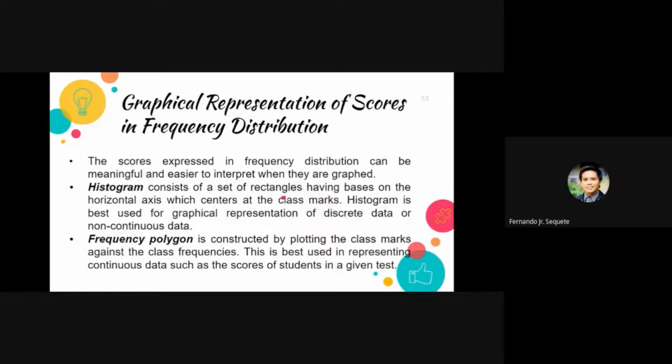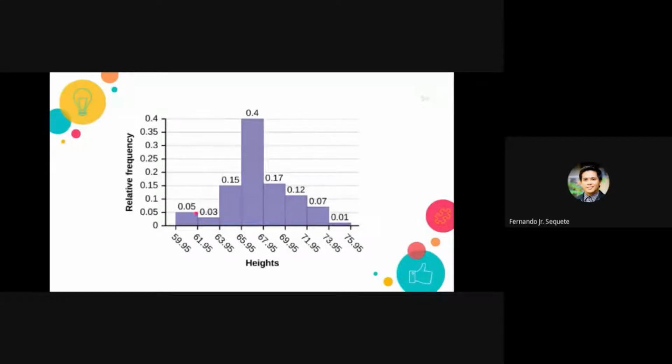So where are our class marks? Here are our class marks: 0.05, 0.03. Sir, what is this at the bottom? Actually, these are the classes, and the ones in the middle are the class marks. And these will be the heights, the relative frequency.